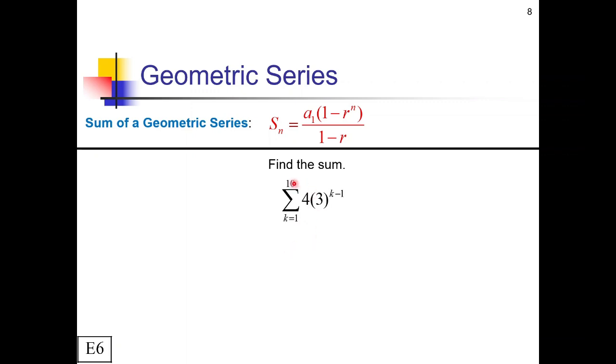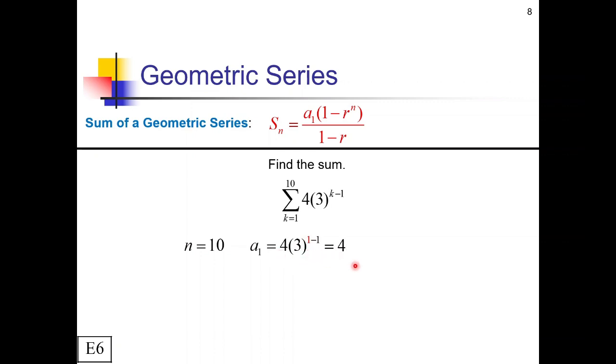So we've got n of 10. A1 is what I'm going to get when I plug 1, or whatever my first index is, into the summand. So we have 4 times 3 to the 1 minus 1. That's 4 times 3 to the 0. 3 to the 0 is 1, so that's just 4.